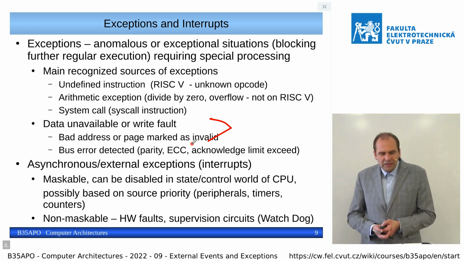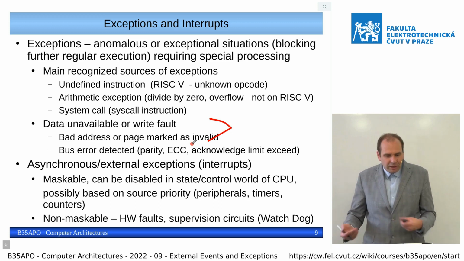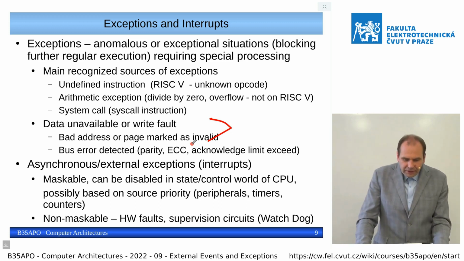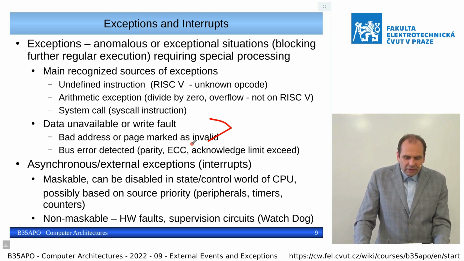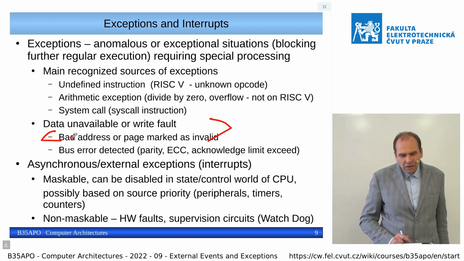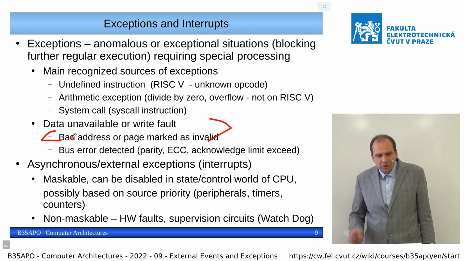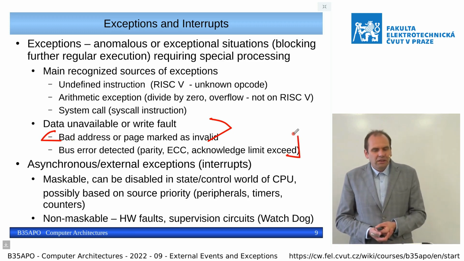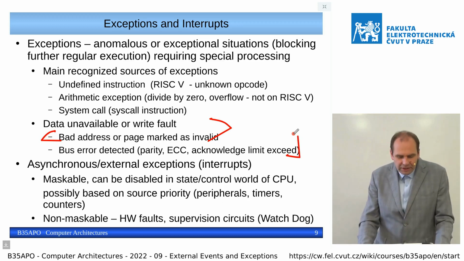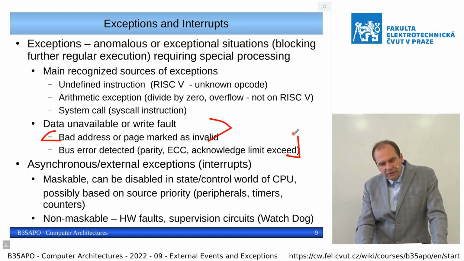So the operating system can deliver data, for example, from disk, find free physical memory, put the data there, then add it to the page table, and it is possible to rerun the instruction and the program can continue. Or it can be some problem like a bus error, so this means that correct data cannot be received from the peripheral, there is some real hardware error on the bus and so on.